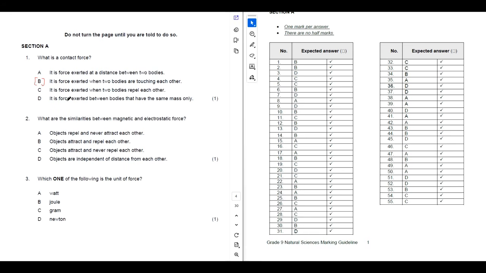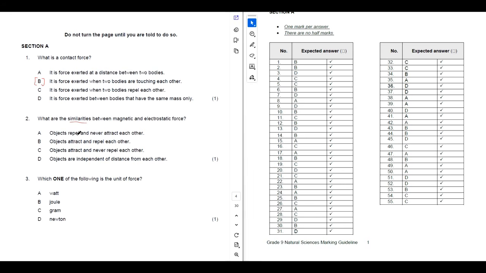Okay, and then now we will move to question 2. Question 2 says: what are the similarities between magnetic and electrostatic force? We can see that our answer will be B, which says that objects attract and repel each other. These are the similarities.